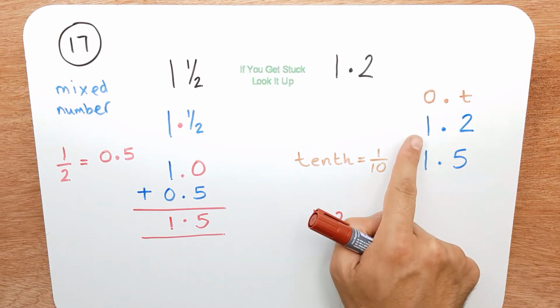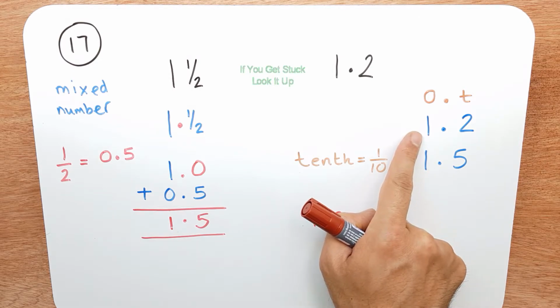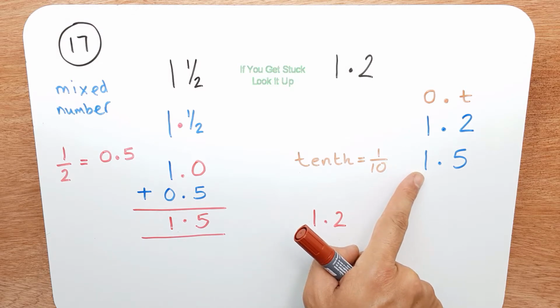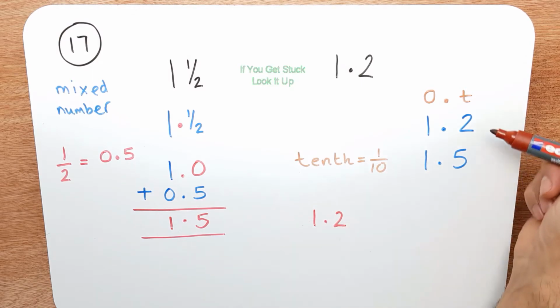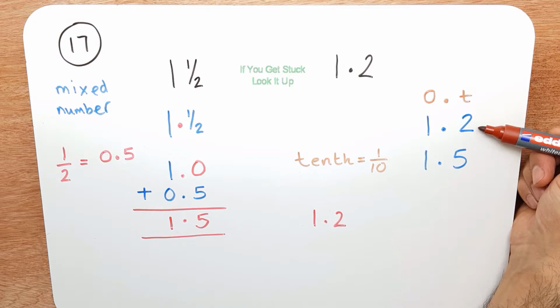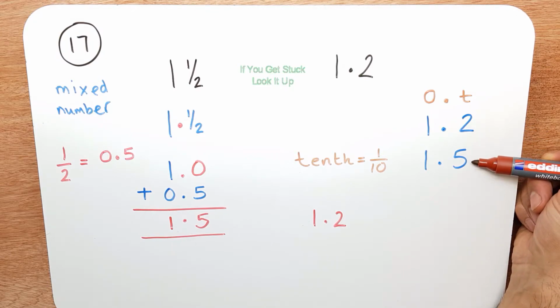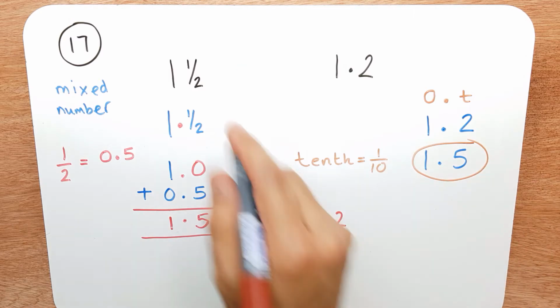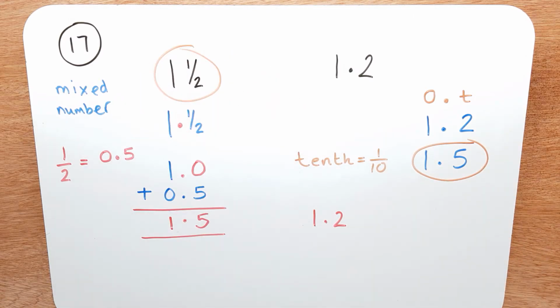So now always start from the left. So these two are both the same. So we move on to the tenths column. And we look that the 2 and the 5 are there. And the 5 is bigger. So this number is the larger number. So we can circle the 1.5.